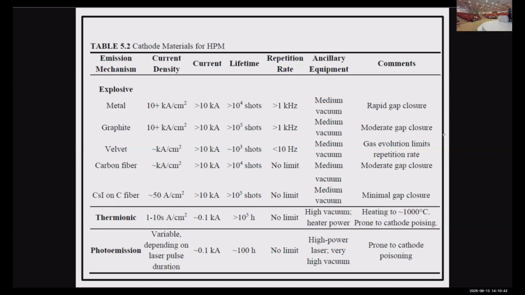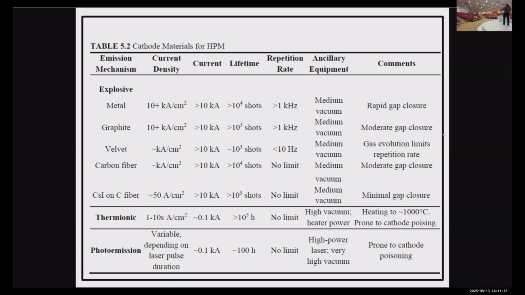Long-term use: the lifetime of the cathode is really not high. For graphite, you have probably 100,000 shots, and then you need to replace it. The reason is not only that, but also after a couple of shots, the cathode will be conditioned and smoothened, so you lose these micro points.